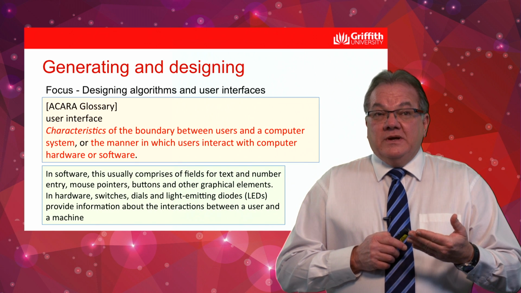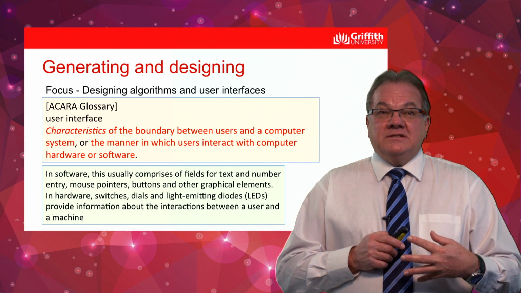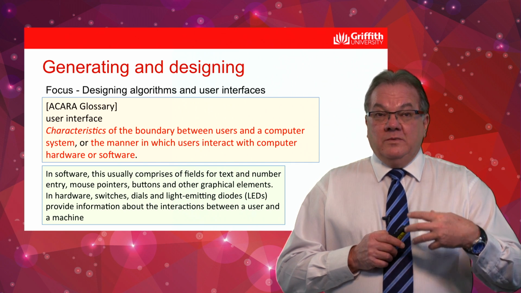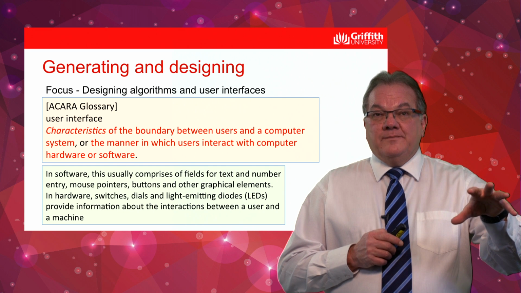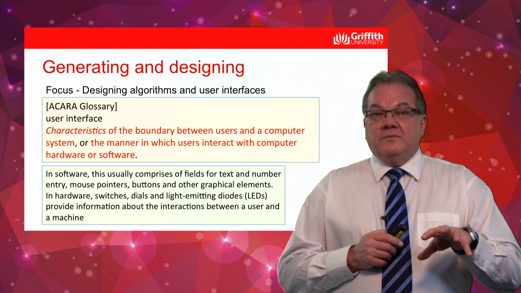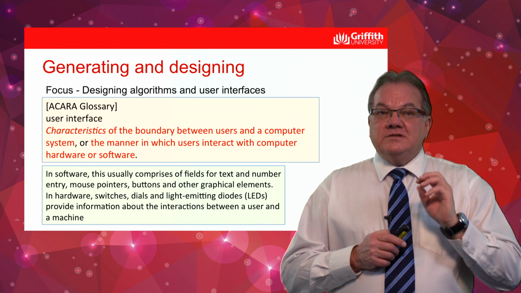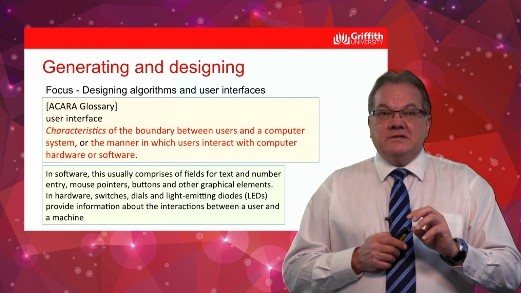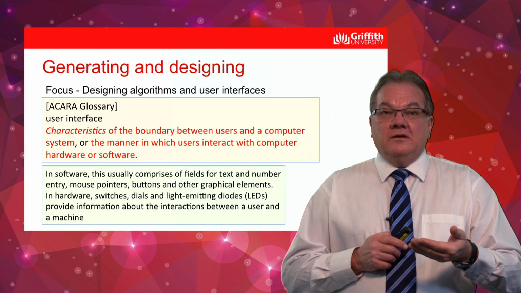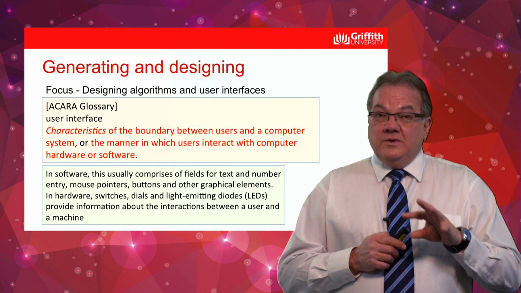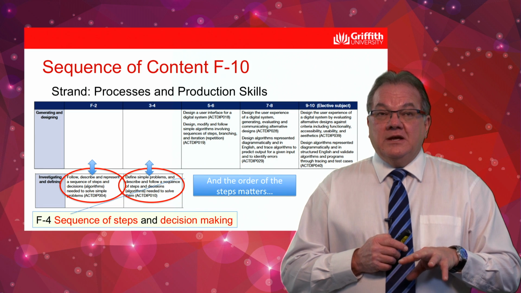User interfaces are the characteristics of the boundary between users and a computer system, and the manner in which users interact with computer hardware or software. In software, this usually comprises fields for text and number entry, mouse pointers, buttons, and other graphical elements. In hardware, it can refer to switches, dials, and light-emitting diodes, or LEDs, which provide information about the interactions between a user and a machine.